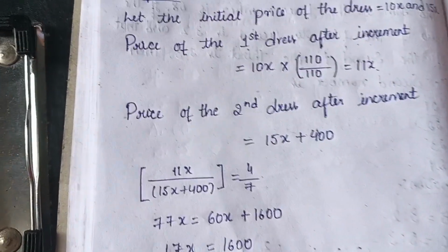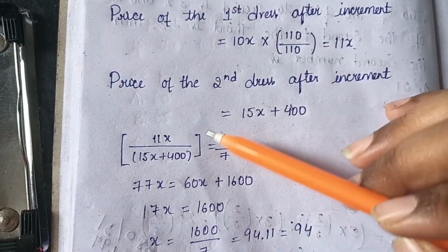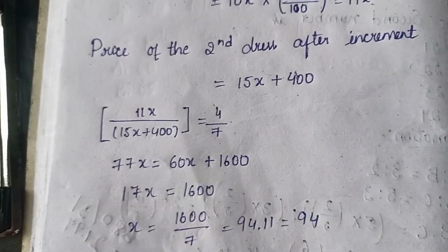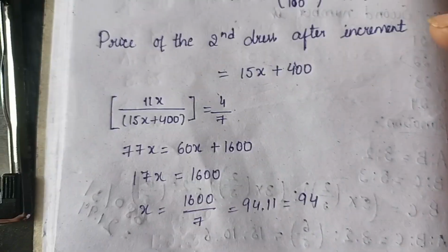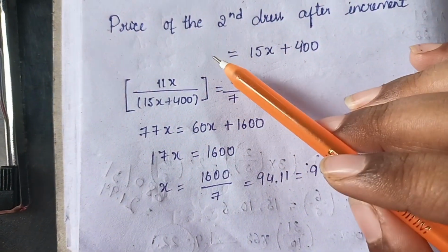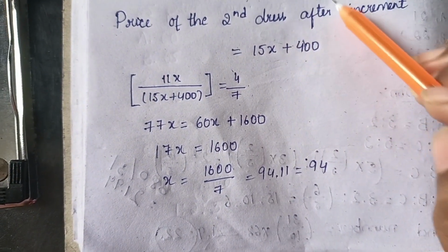Therefore, 11x by 15x plus 400 is equal to 4 by 7. Then cross multiply both sides: 11x into 7 equal to 4 into (15x plus 400).